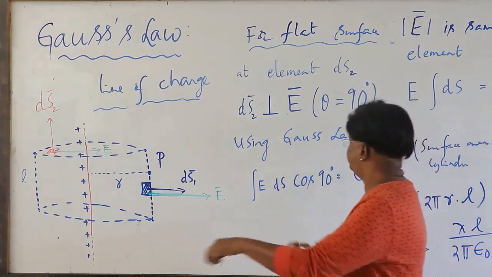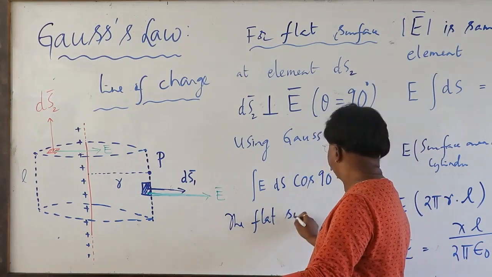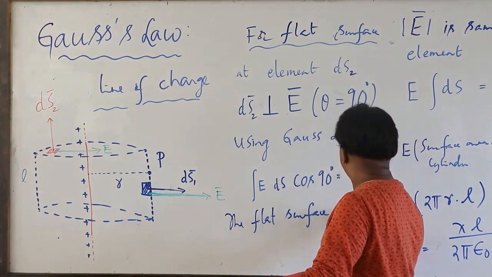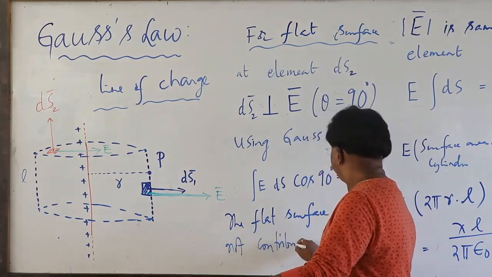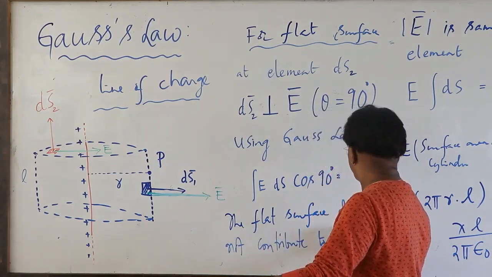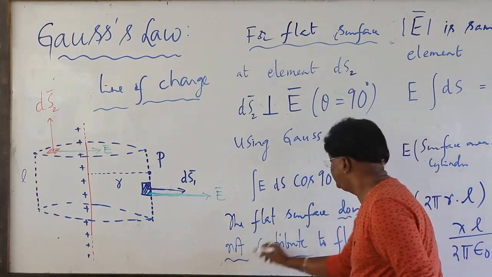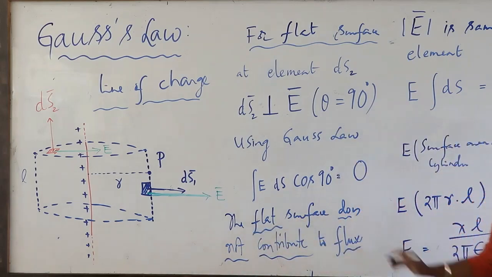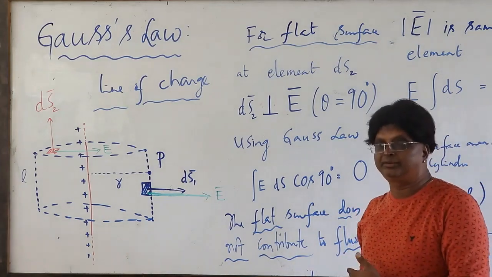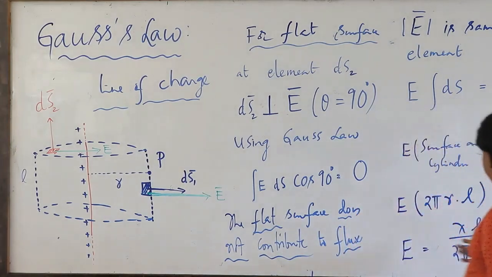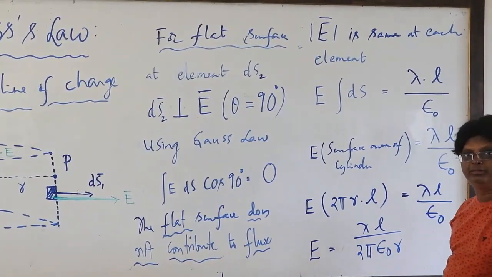That is our statement: the flat surface does not contribute to flux. And hence what is our final result? Yes, the final result is the same. E is equal to lambda L by 2 pi epsilon naught R will be the result.